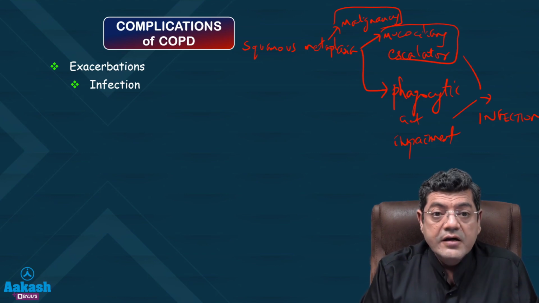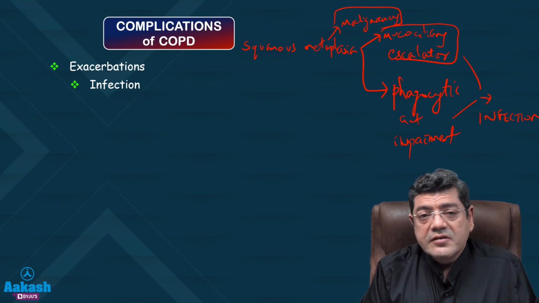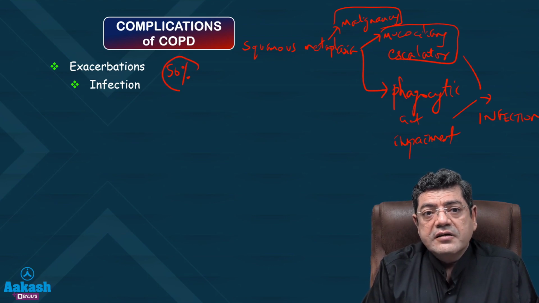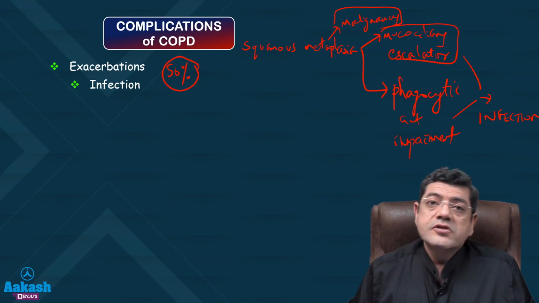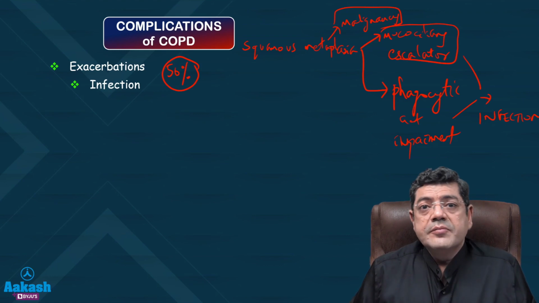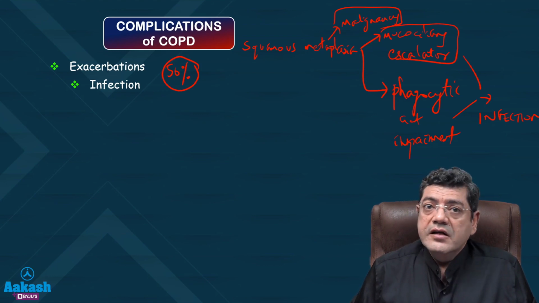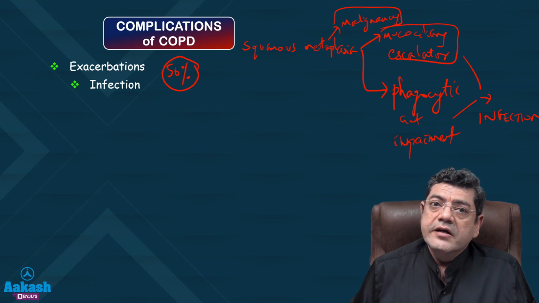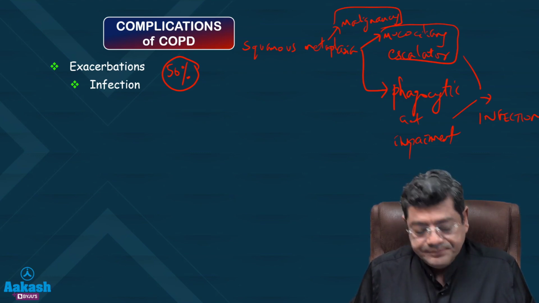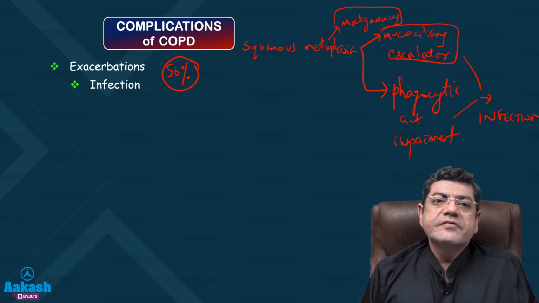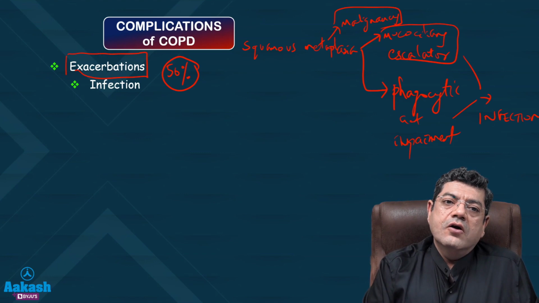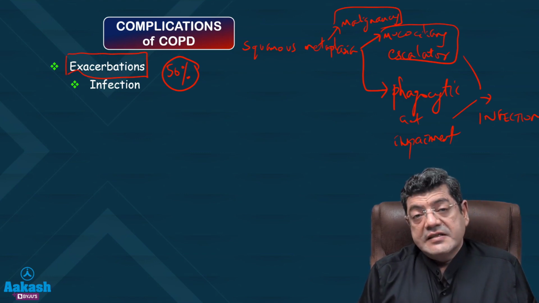We are so worried because with an exacerbation, mortality can approach 50%, depending upon how severe the exacerbation is, depending upon whether the patient needs hospitalization, whether the patient needs ICU admission, whether the patient needs intubation and ventilator support. Okay, so that's why with treatment of COPD, we are specifically going to focus on treatment of exacerbation and how to prevent one, right?